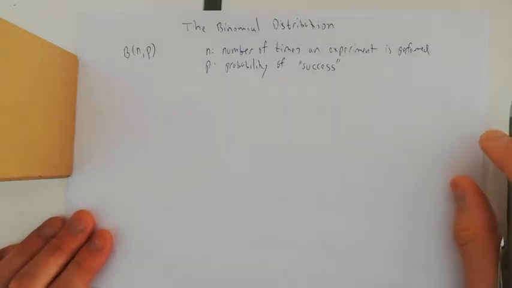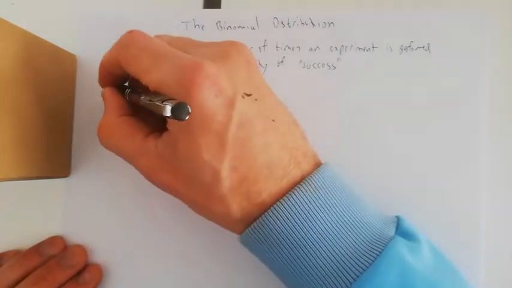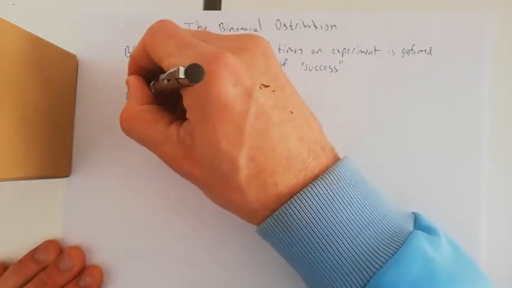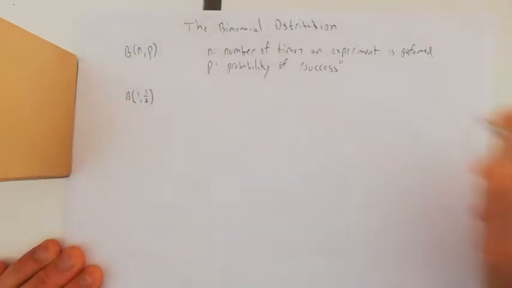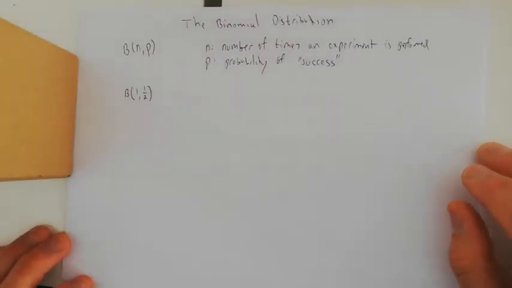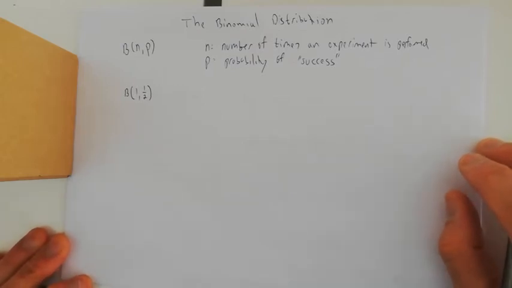So, for example, if we have B(1, 1/2), that would correspond to an experiment that is performed once, and the probability of our success is half.